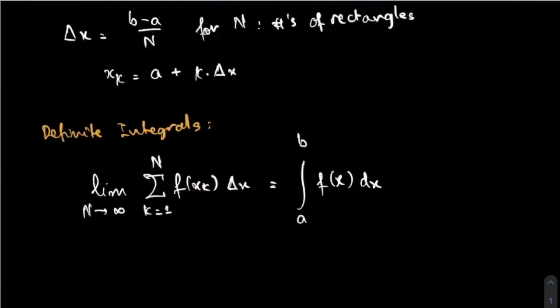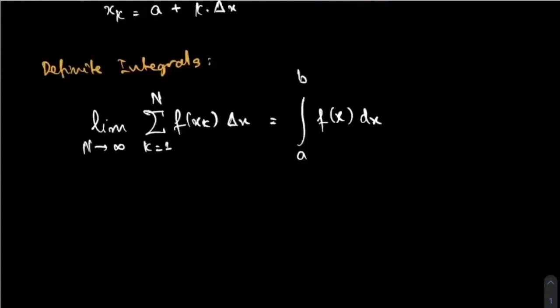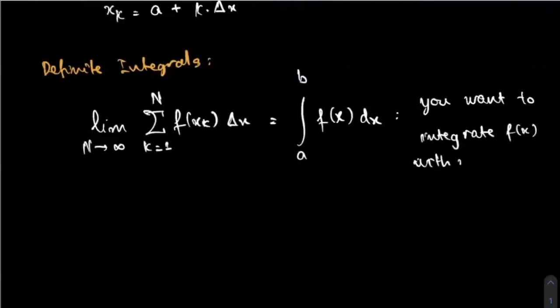Just like for the derivative the notation is d dx, because we want to take the derivative with respect to x. With the integral and dx, you want to integrate the function with respect to x. If you have dy, that means you integrate the function with respect to y.